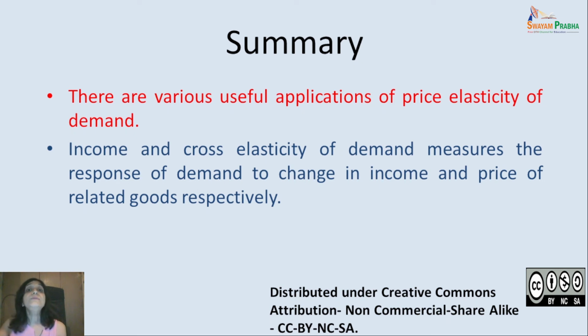Similarly, income elasticity, whether it is greater than 1, greater than 0, or less than 0, helps us comment whether these goods are necessities, luxuries, normal goods, or inferior goods. So this is all we have to do in the concept of elasticity of demand, wherein we have seen in detail how, by just knowing the quantum of change, so many decisions can be made.